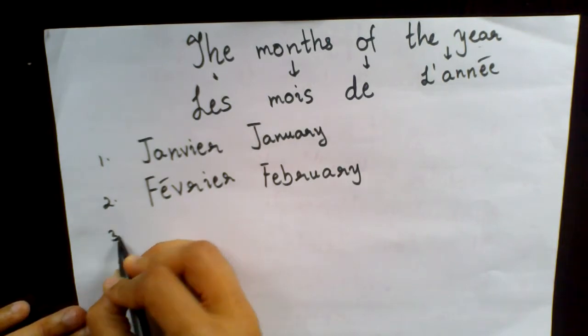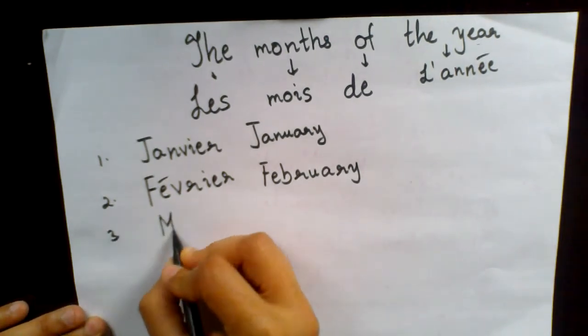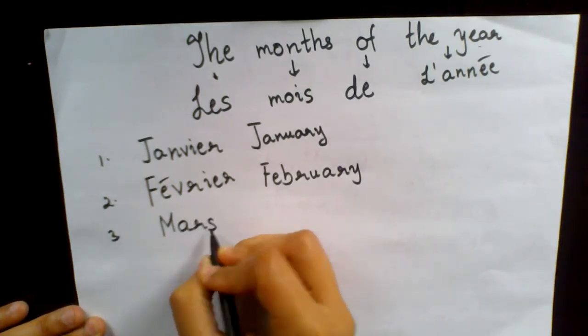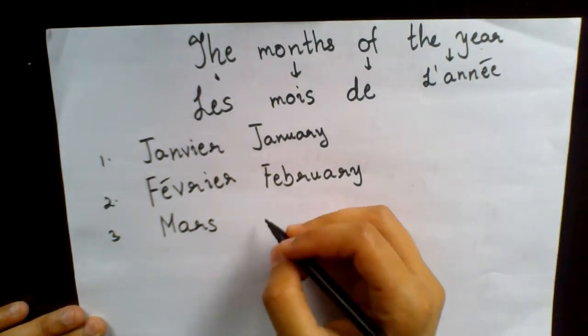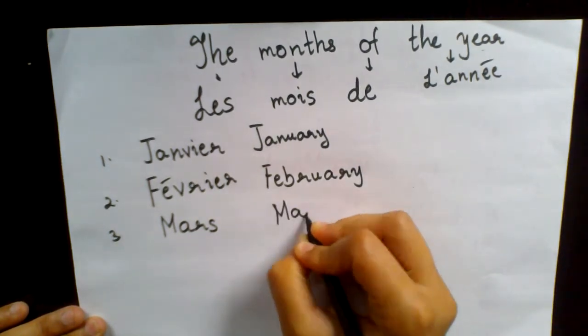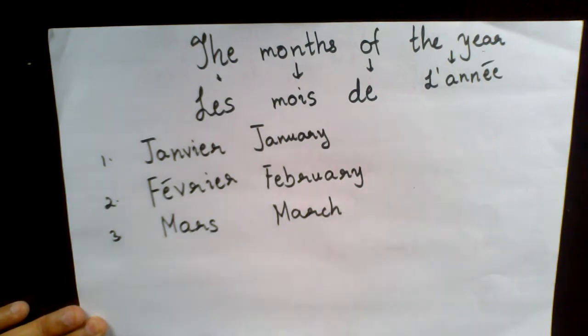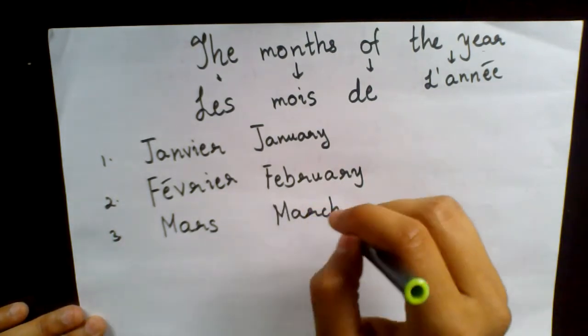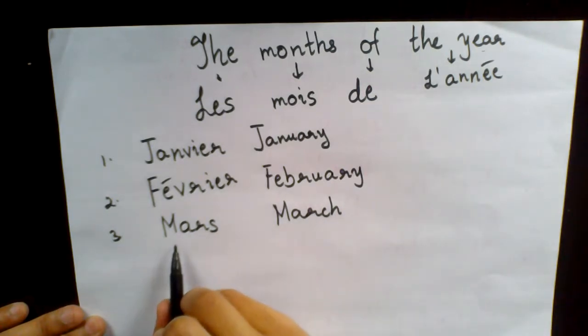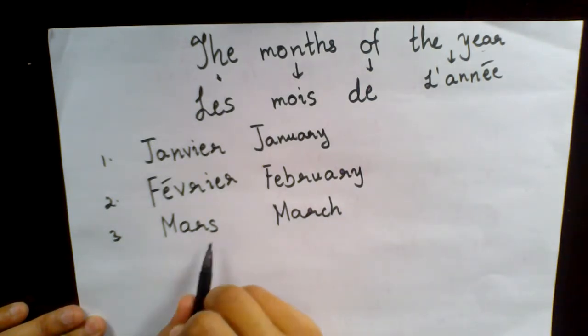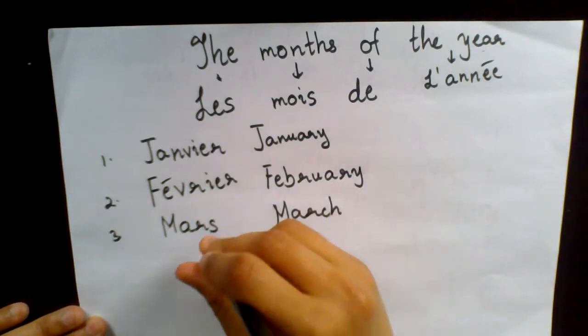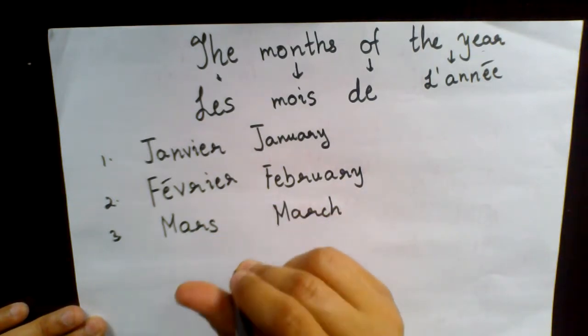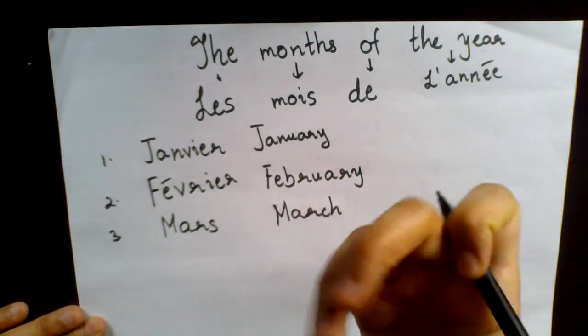Then you have March. I told you that most of the time in French you do not pronounce the last letter. However, there are some exceptions, as in the case of March, which you call "Mars". You have the S sound at the end. You pronounce it. You make it come to notice.